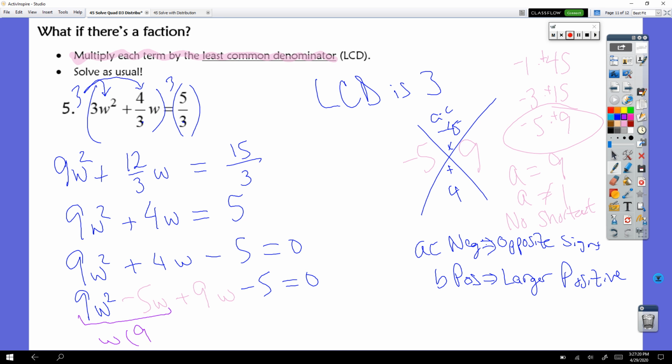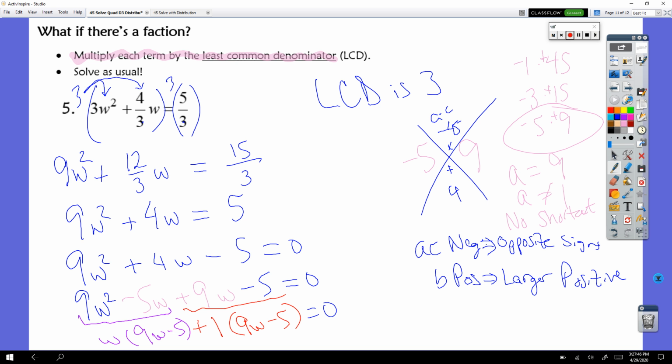W is common in the first pair. In the second pair, I'm seeing that it starts with a positive 9w, so I need a plus, and the expression that goes into 9w and into 5 is a 1. So when we do our factoring by grouping, we have to say that something divides in, and 1 could be the thing that divides in.